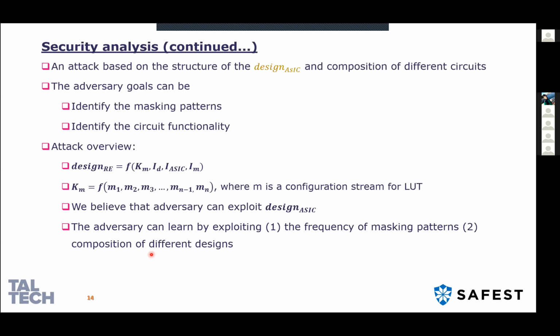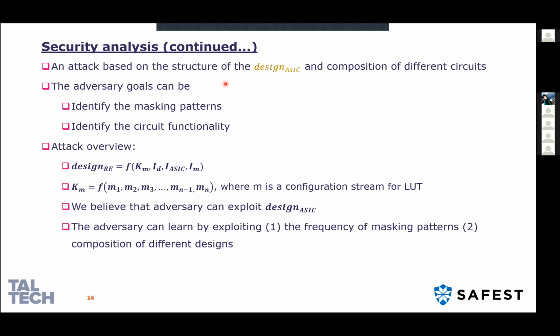Consequently, we have performed an attack based on the structure and composition of different circuits. We assume that the goal of the adversary is to identify the masking patterns, meaning the reconfigurable bitstream for a single LUT, and to identify the functionality of the circuit.